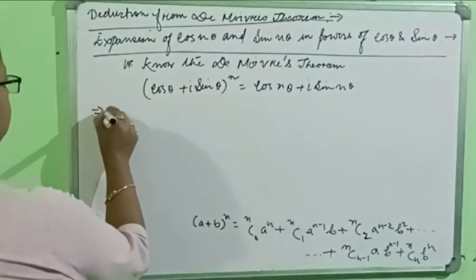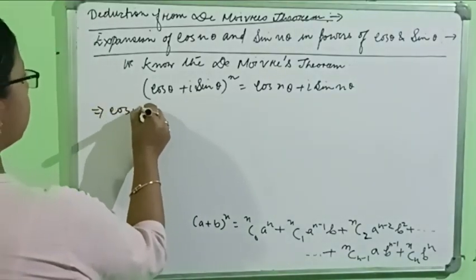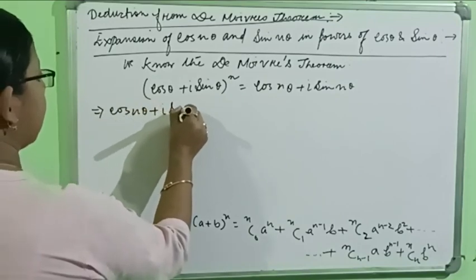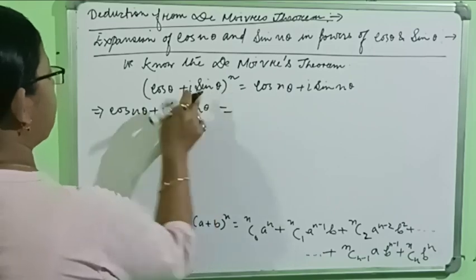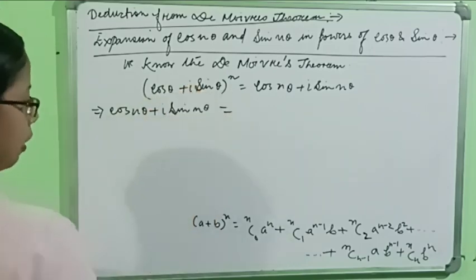This implies cos n theta plus i sin n theta. Here I will expand this by using binomial expansion.